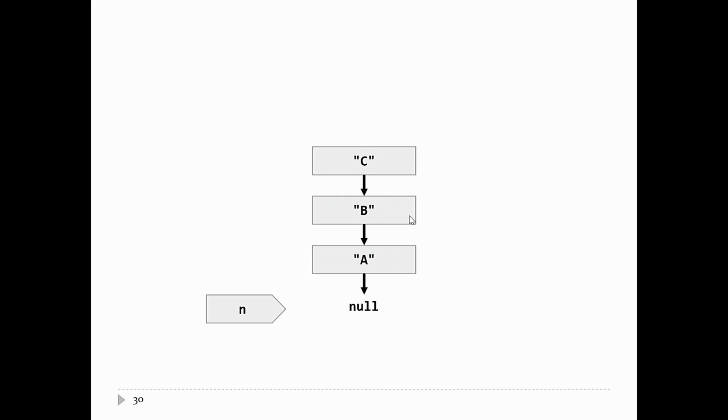But if you consider the node that has the B in it, you can imagine that's a stack of size 2, the stack containing the B and the A. And similarly, if you look at just the A, that's the stack that consists of just the A. So every node, as you go deeper into the stack, you can imagine is the top node of a smaller stack.